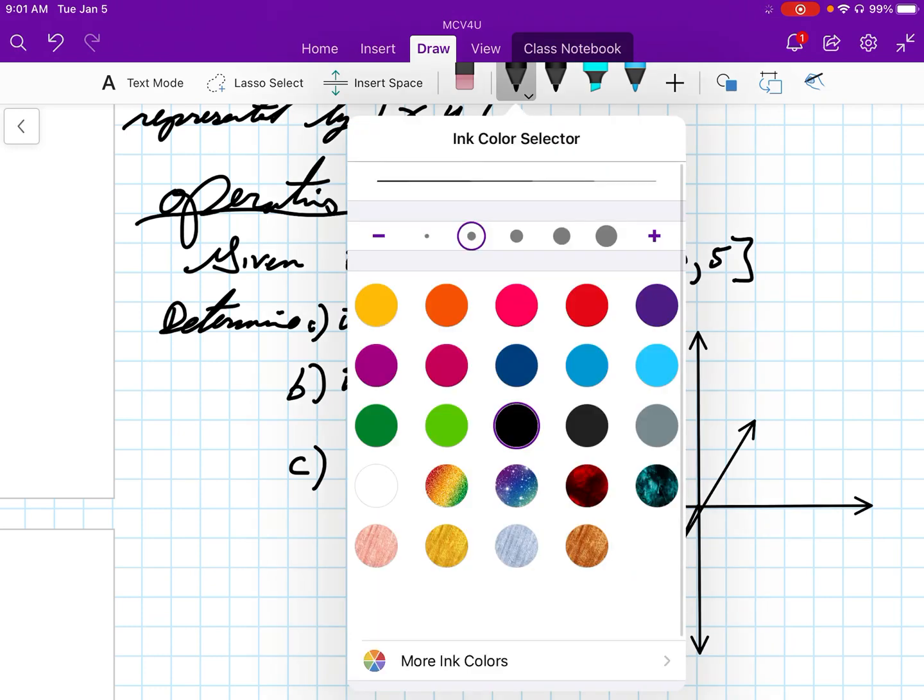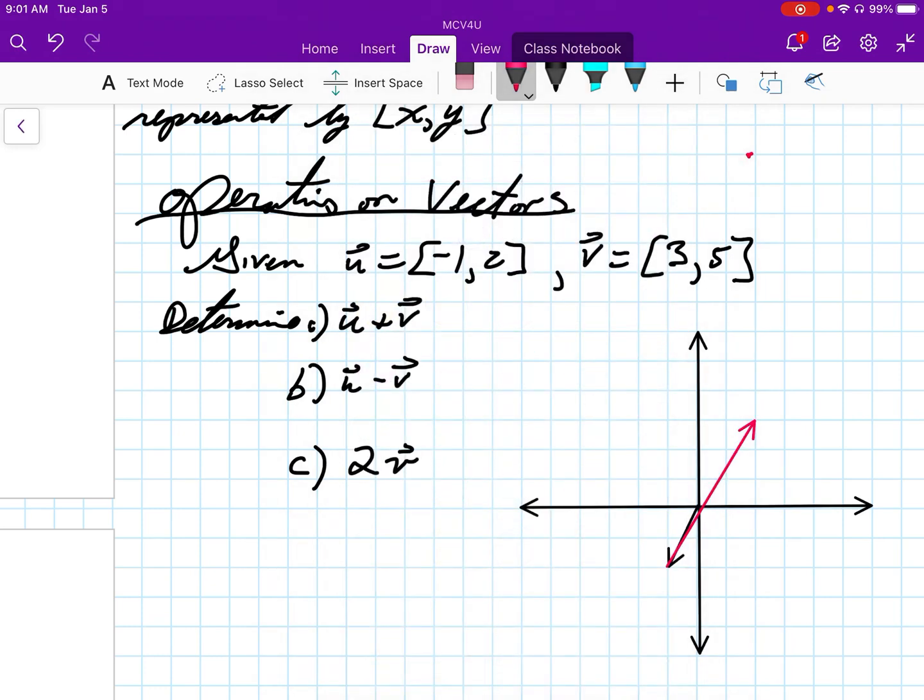So if I were to just draw that out, well, that turned pink, weird. But let's say it's that one right there. This is u plus vector v. We see we start at the origin and we end up at (2, 5), or sorry, (2, 3).